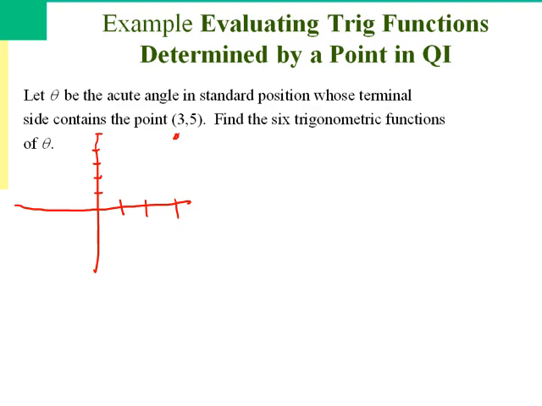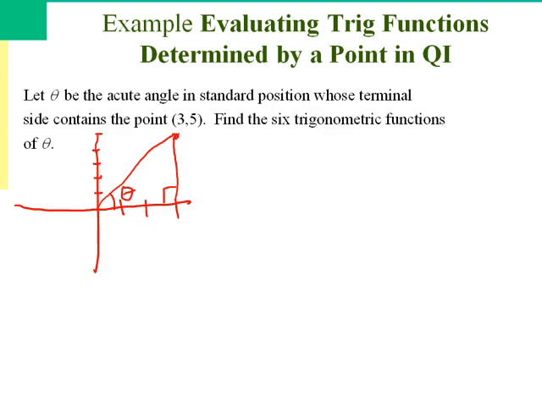That creates a triangle from the origin to that point and back to the x-axis. So here's our right triangle with angle theta. We want to evaluate the 6 trig functions given that point.